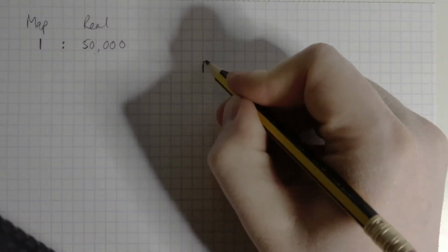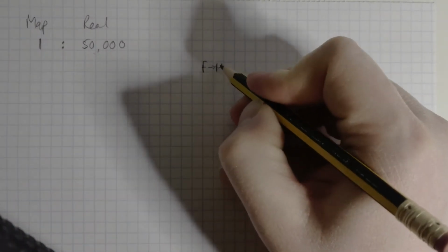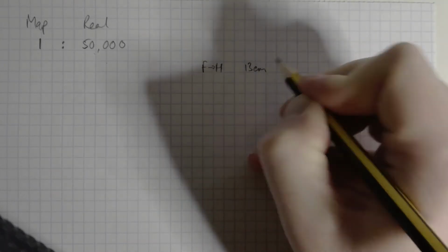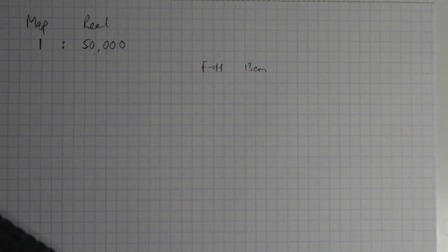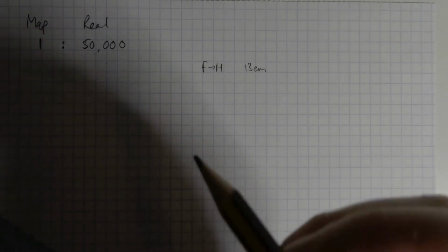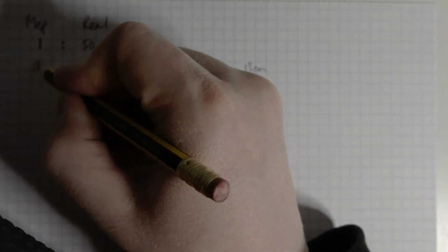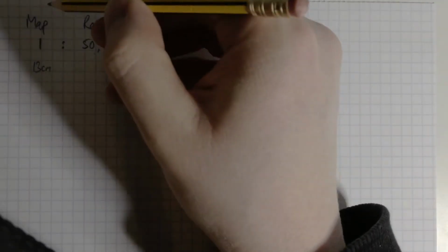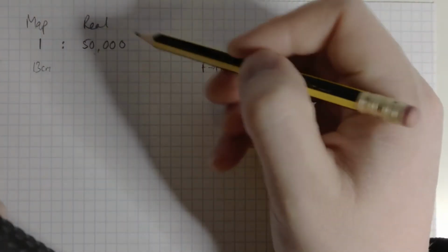So let's do those examples again that we had earlier, but trying to do it with this version of the scale instead. So we said the distance between Folkestone and Hythe was 13 centimetres on my map, and I want to work out how far apart they are in the real world. So I'm going to put 13 centimetres over on this side, on the map side, and hopefully you can see clearly this time I'm not going to multiply both sides.